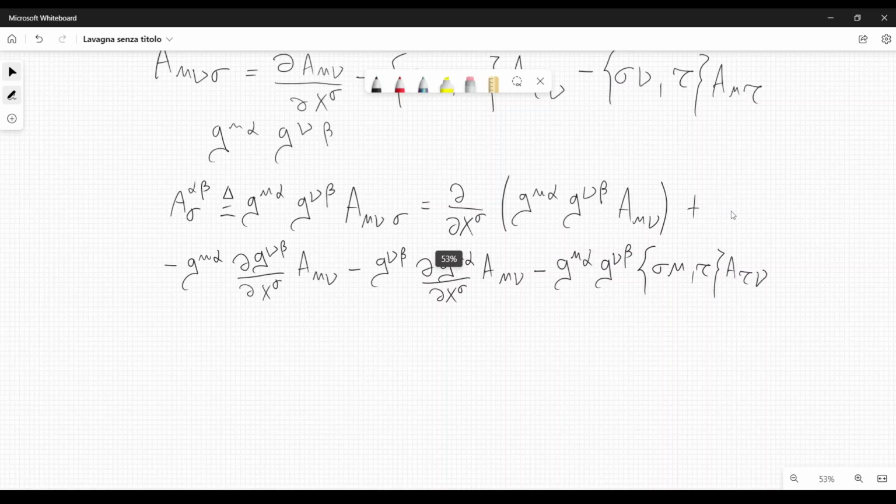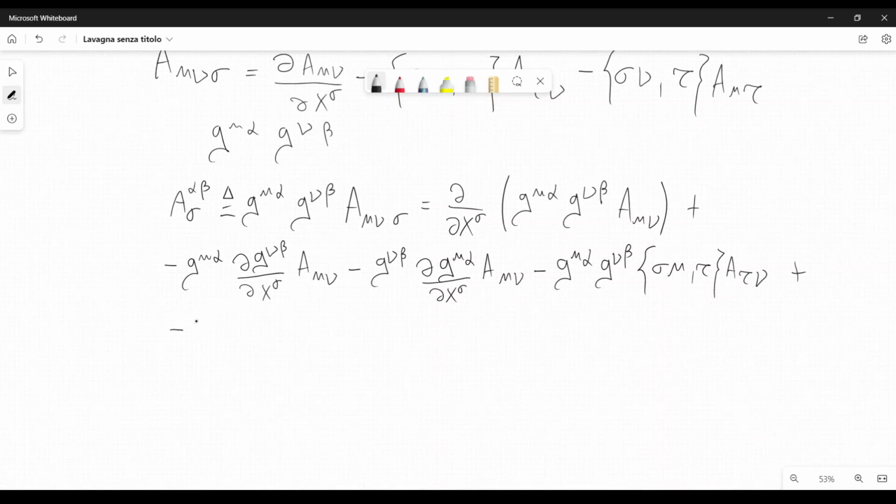And then we get plus minus g^{μα} g^{νβ} Γ^σ_{ντ} A_{μτ}, like this. Now we are going to use another relation that we have already derived.